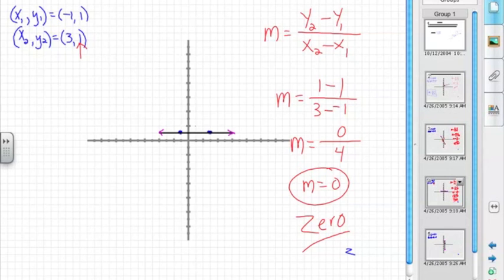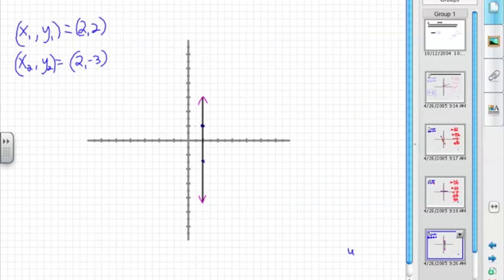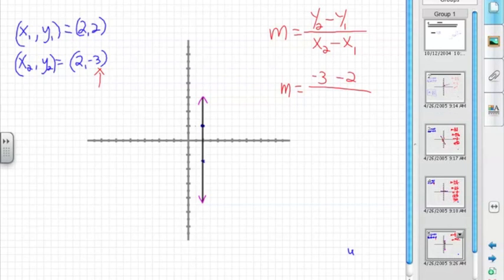One more example. Here we have this line, so we'll write the formula for slope, which is what? Yes, y2 minus y1 over x2 minus x1. And we will substitute in what's going to be y2 in this case. Hey, you're right. It's going to be negative 3 minus the 2 on the top.